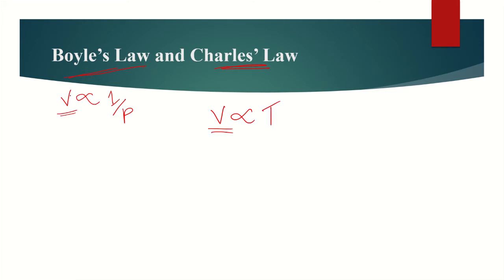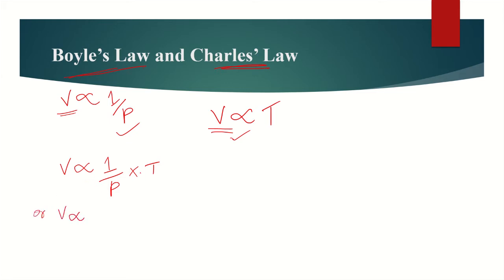If we consider Boyle's law and Charles' law, we'll find that volume is common in both the laws. So let us rewrite both the expressions. Volume is inversely proportional to pressure, and for Charles' law, volume is directly proportional to temperature. We're combining Boyle's law and Charles' law, so let's rewrite the expression.